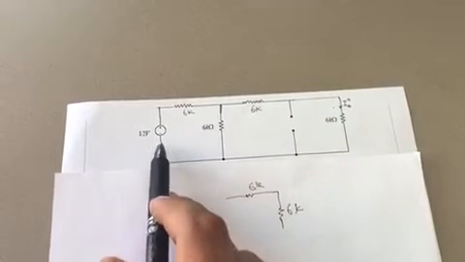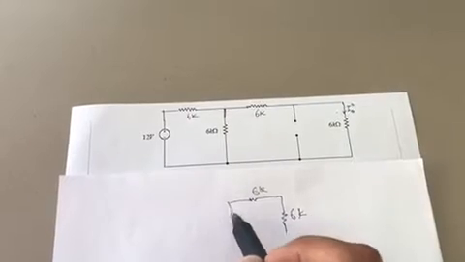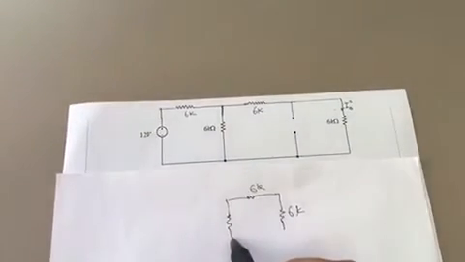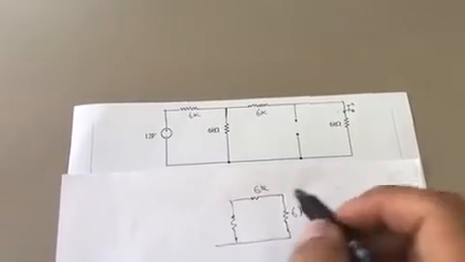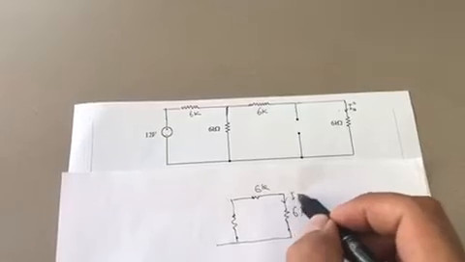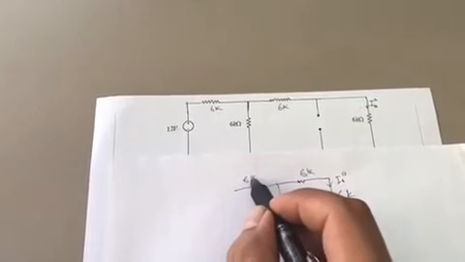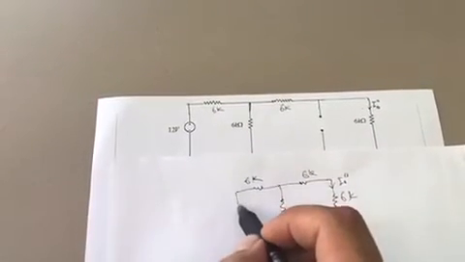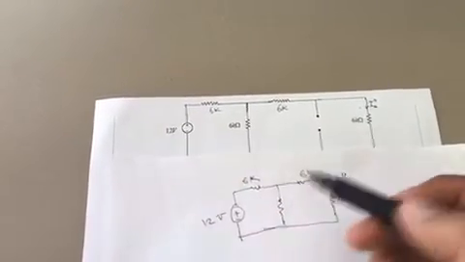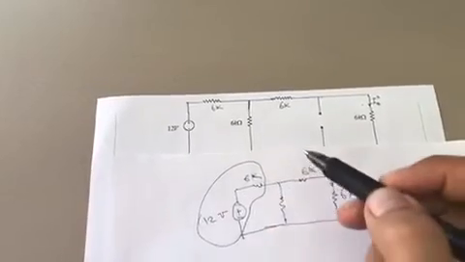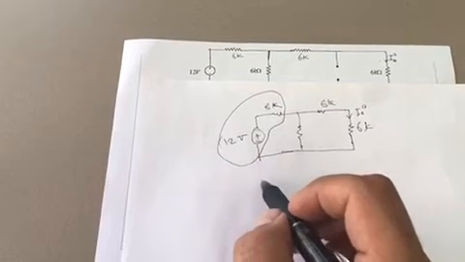And then I want to change my 12 volt source to a current source as I was able to do before. So I'm going to have 6K over here, and I'm looking at this I0 double prime. I have a 6K over here, and the 12 volts, plus and minus. This 12 volts I want to change to a current source.